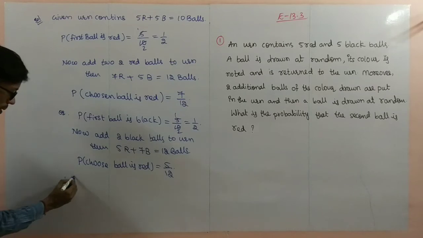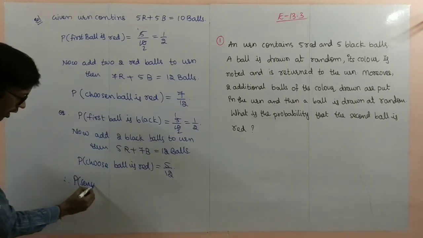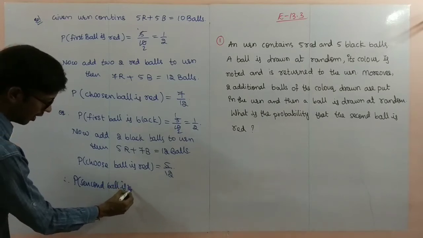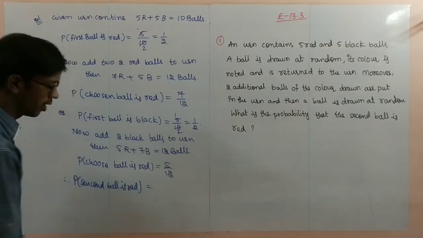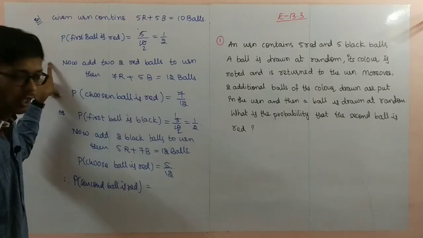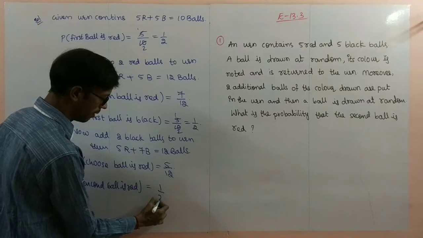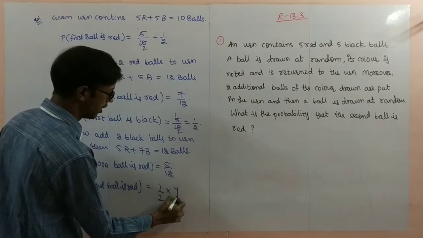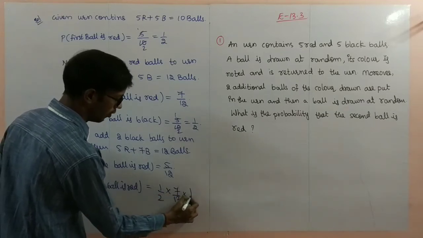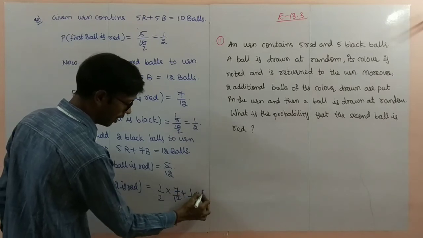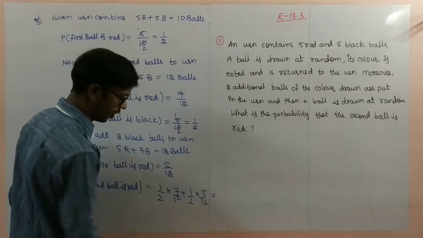Therefore, probability of second ball is red is equal to this one possibility and this one possibility. So you have to write here 1 by 2 into 7 by 12 plus 1 by 2 into 5 by 12.